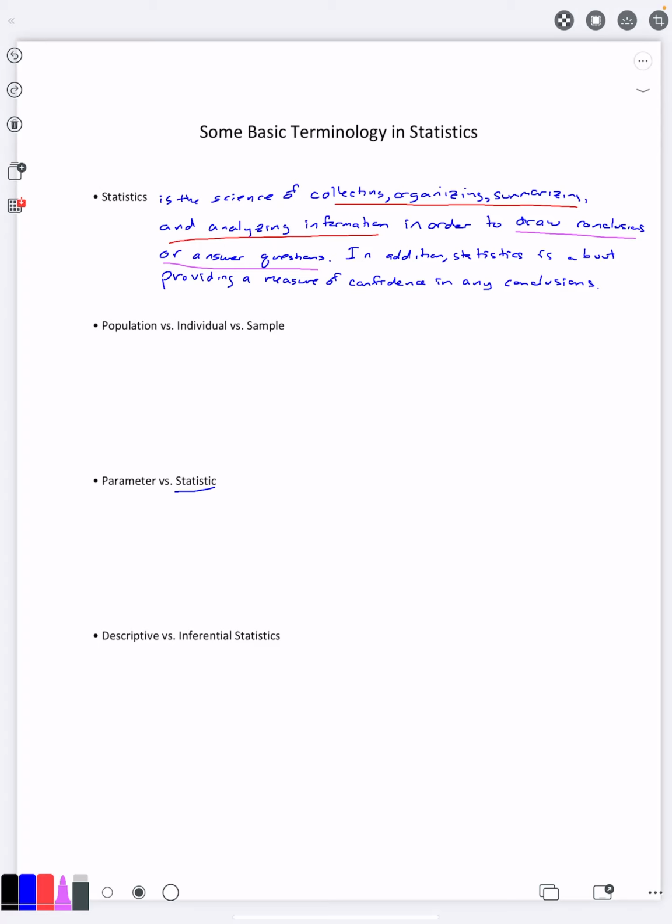But now we're going to try to use that to make some sort of prediction or gain information about something we don't have data for. Maybe we took a small group of people and we're trying to extrapolate to everyone. Or maybe we have data about the past and we want to extrapolate to the future. So that's going to be the second half of statistics here, which we'll actually get to near the end of the semester.